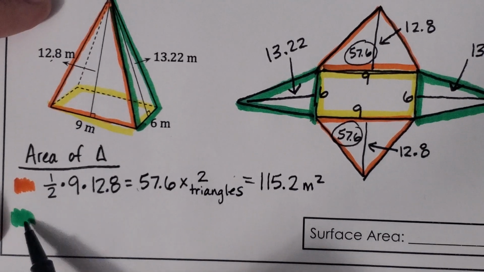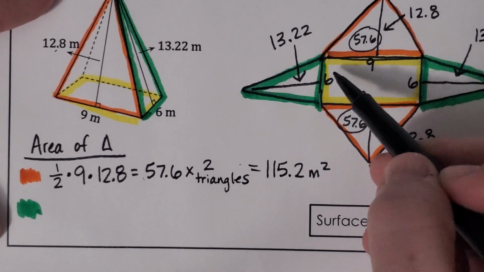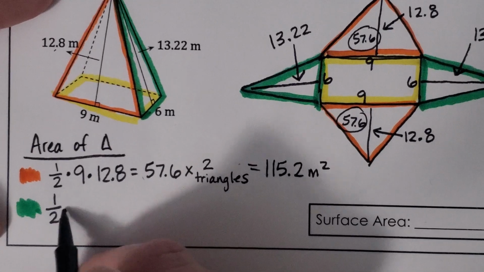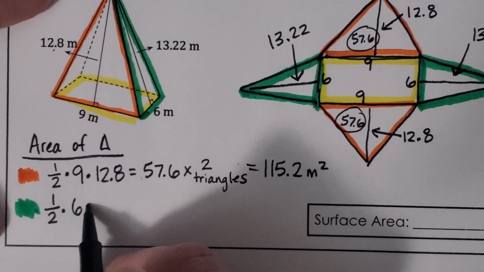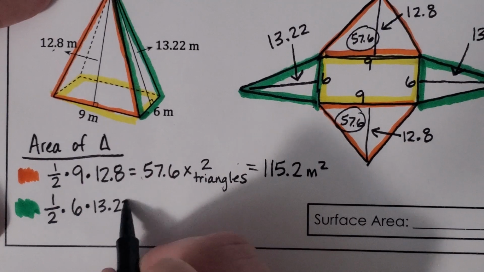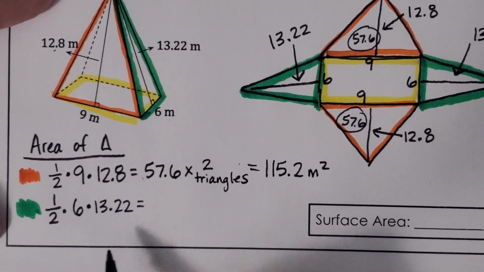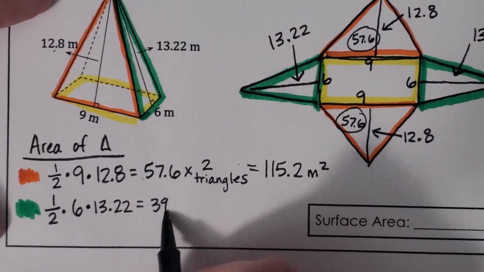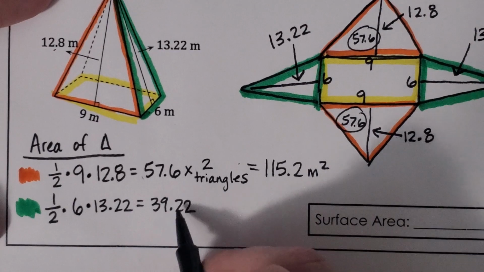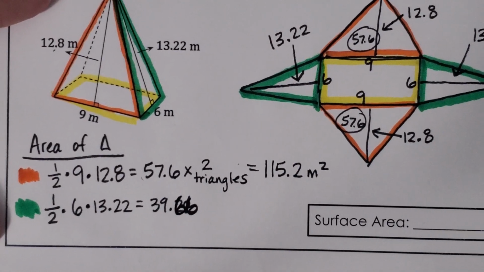So now I'm going to do this same idea with my other size of triangle. My other size has a base of 6. So I'll have 1/2 times my base, which is 6, times my height, which is 13.22. When I multiply these all together, it's going to be 39.66. I was looking at the wrong number.